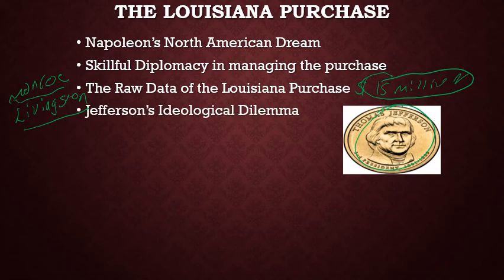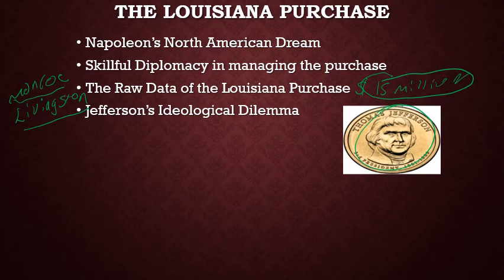Now, for Jefferson, this actually causes a big problem. Jefferson looks at the Louisiana Purchase and says, I don't know if I have the power to do this or not. There is nothing in the Constitution that says anything about expanding territory, adding land, anything like that.